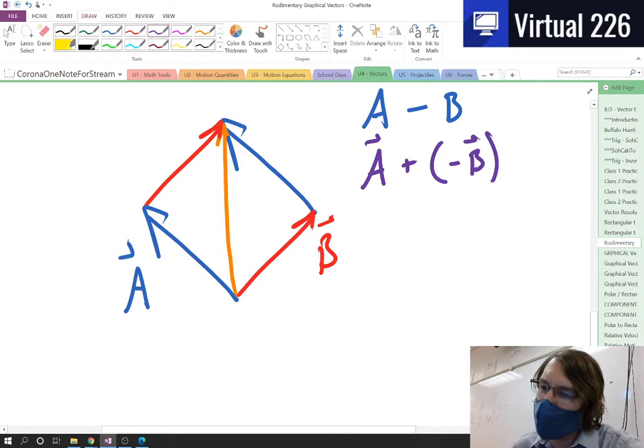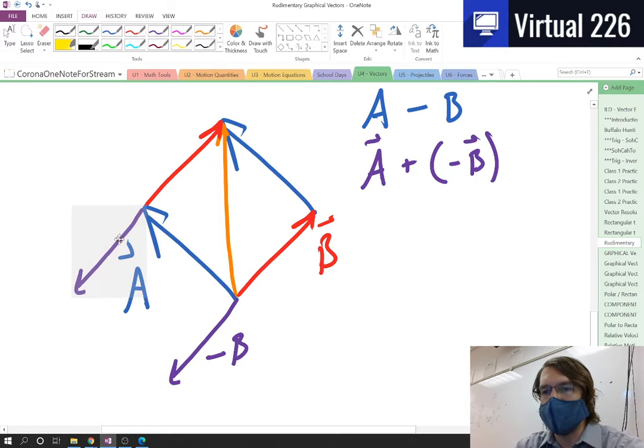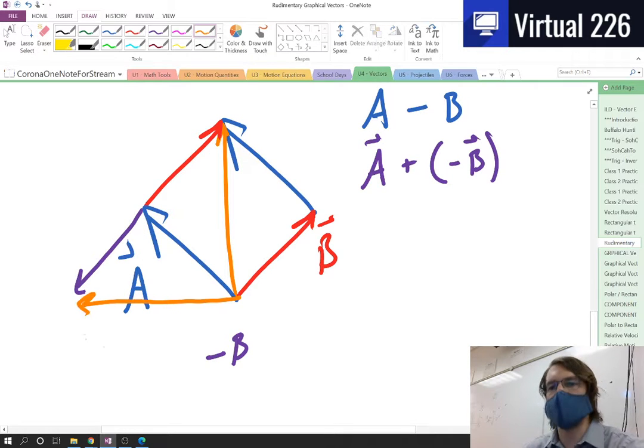So instead of pointing up and to the right like this, the opposite of B would be pointing down and to the left. This is vector negative B. And if we added A plus negative B, we could add that like this. And in that case, we'd go from start to finish out here.